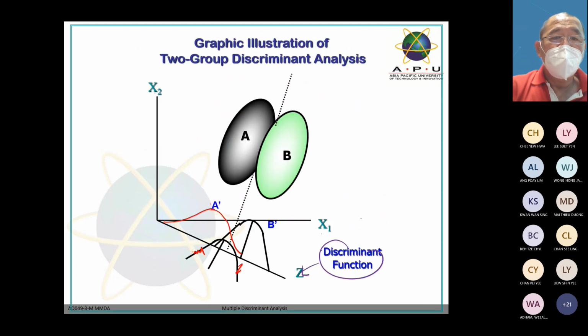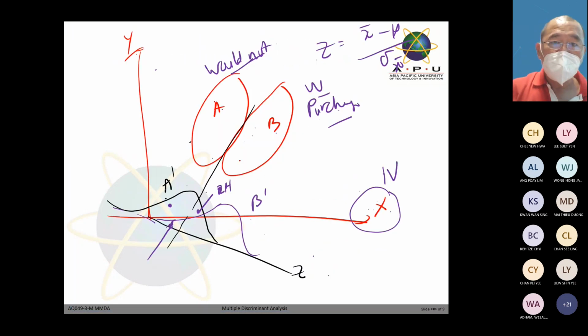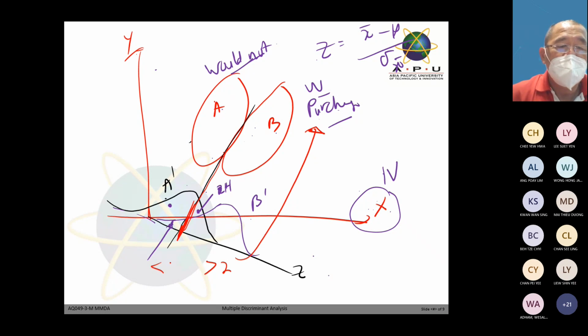So for example here, two groups, therefore it's simple. Let's say based on this score, the one who scores more than 2 will fall into the would purchase category, and less than or equal to 2 will fall into this category.